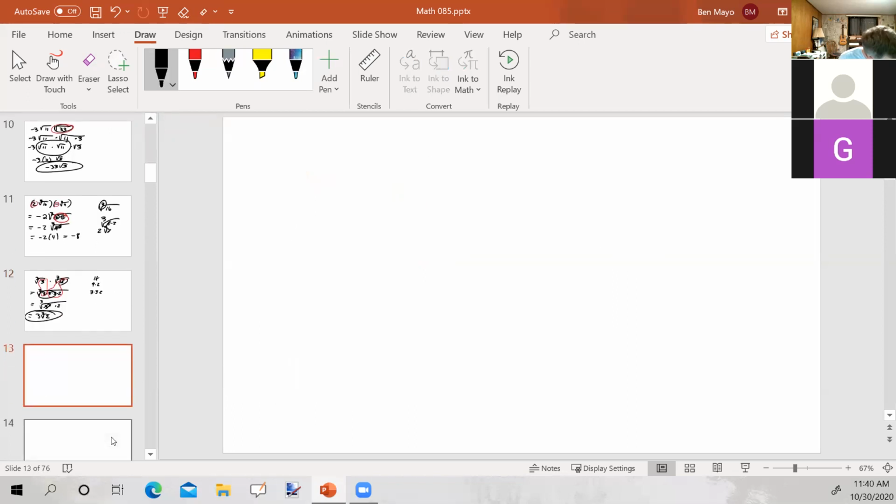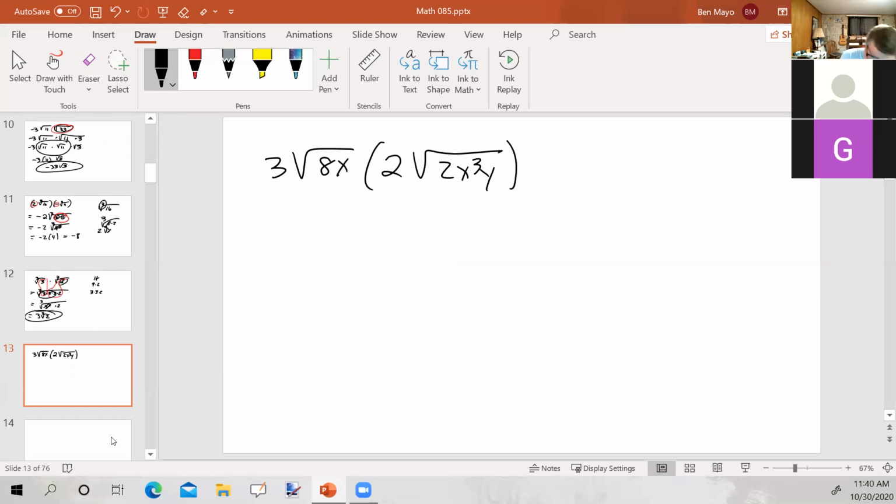Yeah. Okay. 3 times the square root of 8x times the quantity 2 times the square root of 2x cubed y. So that would be 6 times the square root of 16x to the 4th y.